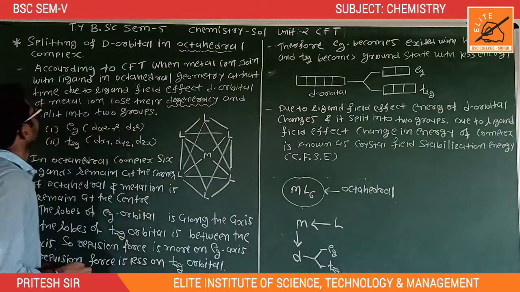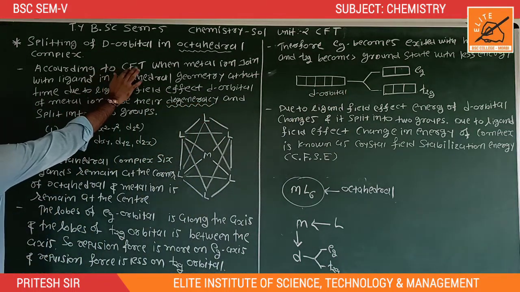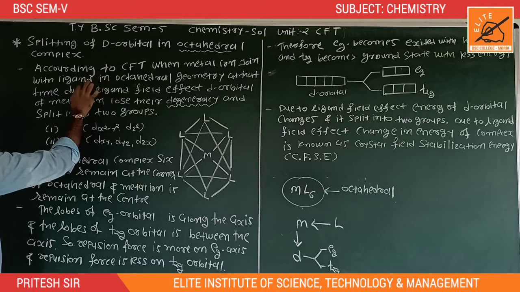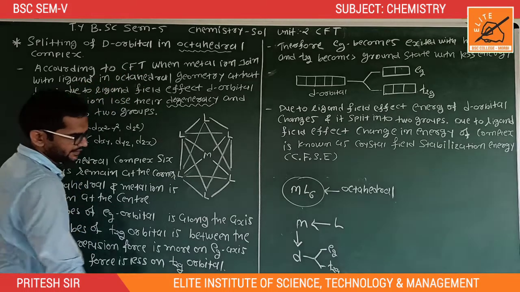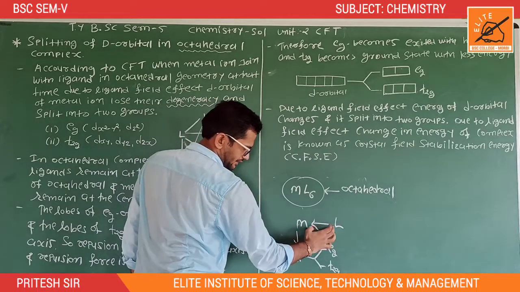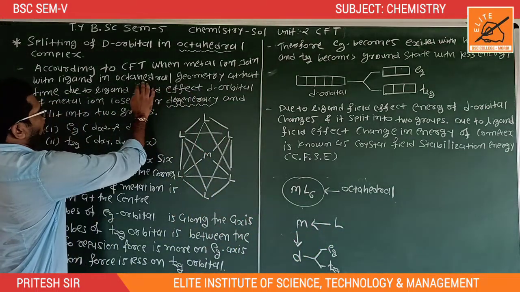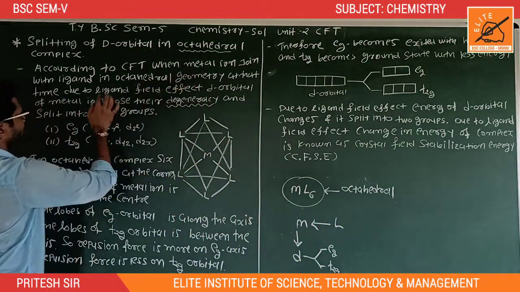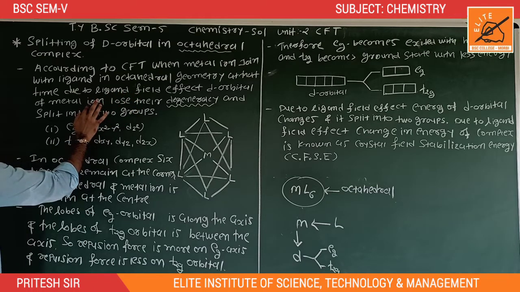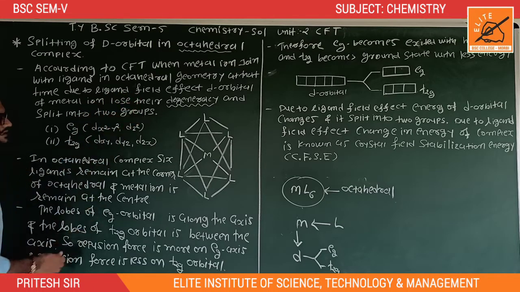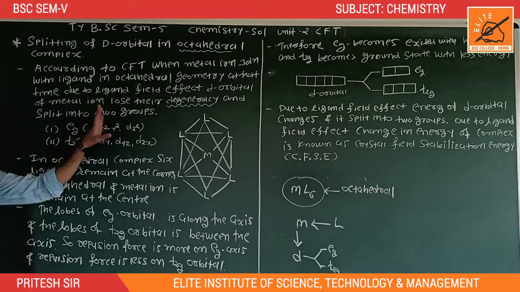According to CFT, when a metal ion is joined with ligands in octahedral geometry, due to the ligand field effect, the d orbitals of the metal ion lose their degeneracy and split into two groups.